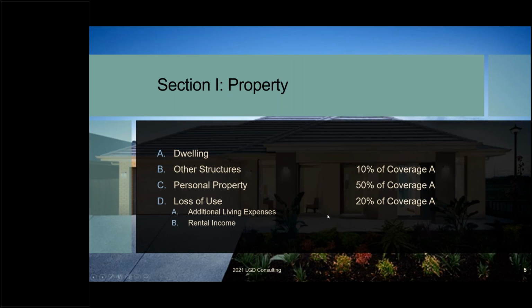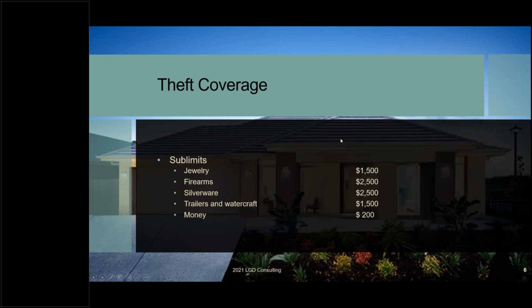Now, for property, even though personal property is covered at 50% of coverage A anywhere in the world, for certain high theft items there are what we call sublimits. A sublimit is a specific limit on a certain type of loss within the overall policy maximum.